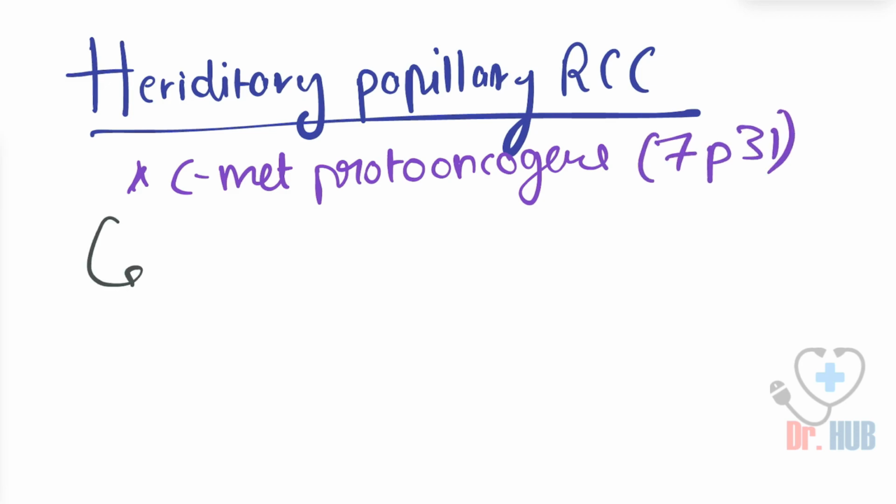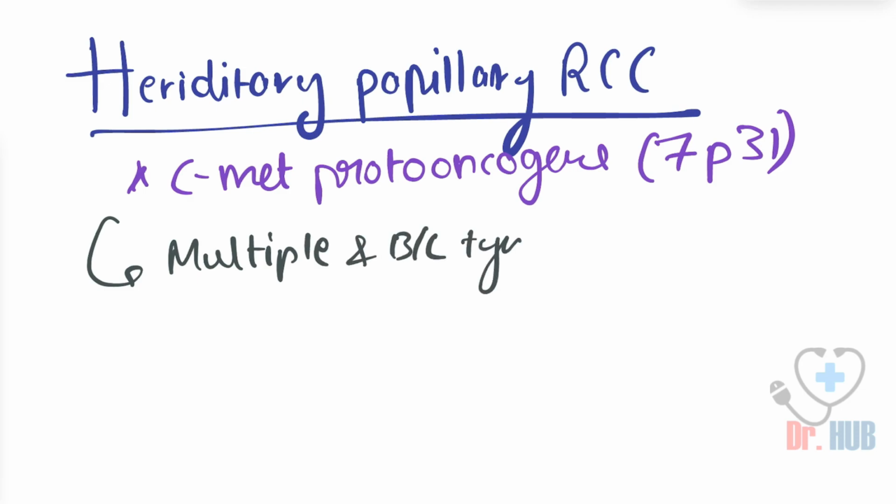So here the clinical features are multiple and bilateral type 1 papillary renal cell carcinoma.